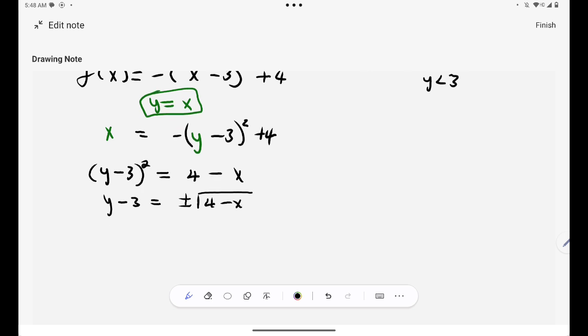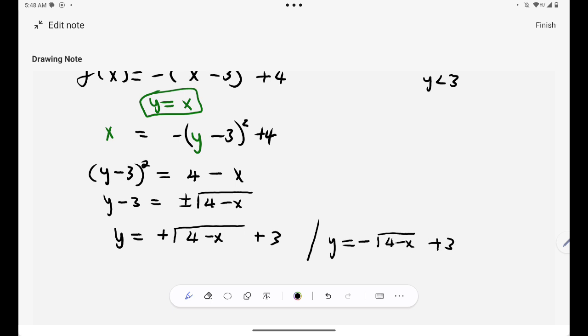Whenever you put a square root, guys, whenever you're solving, please don't forget the right hand side should always say plus or minus the square root. So my graph will look like this. Either y will be plus the square root of 4 minus x plus 3, or y will be minus the square root of 4 minus x plus 3.